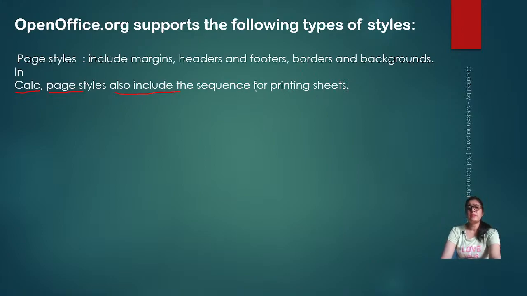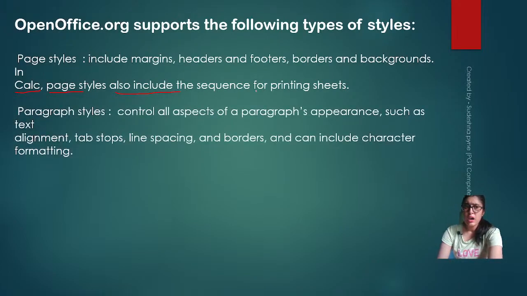That means if you are printing a sheet, then it will include the page style whatever you have implemented. Now, paragraph style. What is paragraph style? Paragraph style will control all aspects of a paragraph's appearance, such as text alignment, tab stops, line spacing, and borders, and can include character formatting as well.